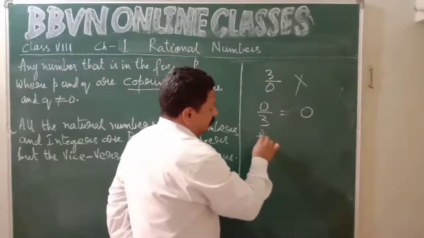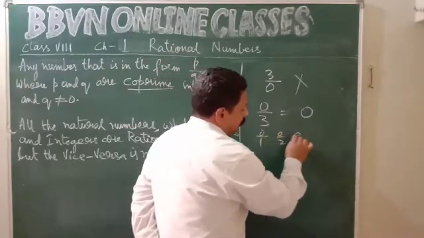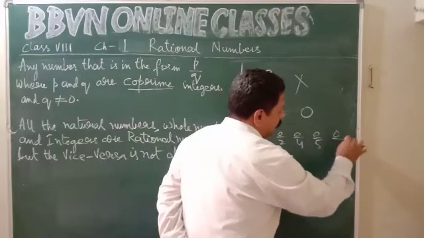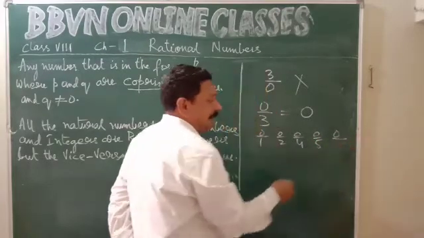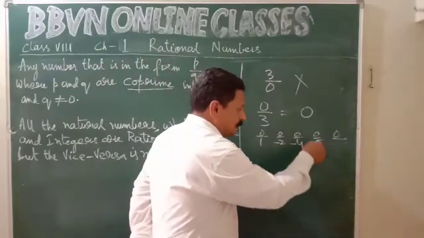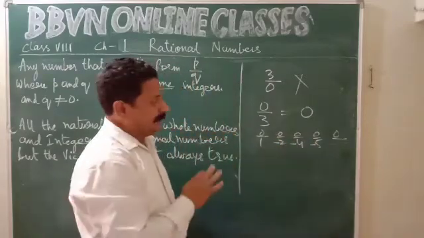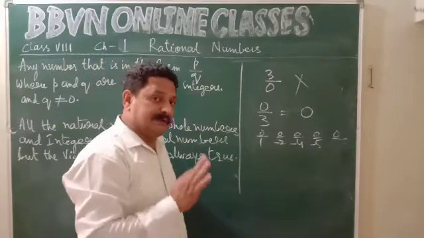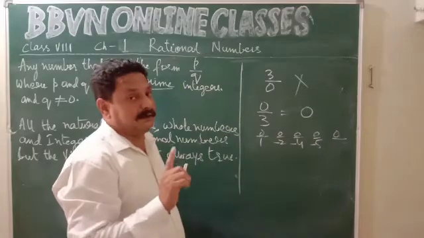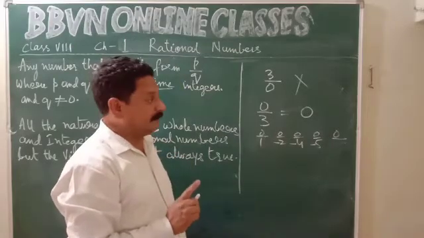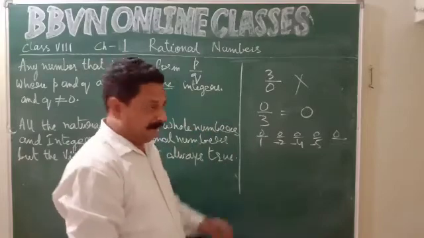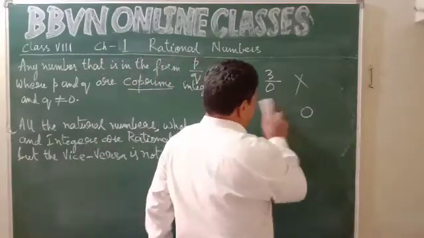Okay? So 0 upon 1 or 0 upon 2, 0 upon 3, 0 upon 4, 0 upon 5, any well-defined number. 0 upon minus 2, 0 upon minus 4, 0 upon minus 5, anything. It is 0. So 0 is also a rational number. P can be 0, but Q should never be 0. Understood? Q should never be 0. Denominator should never be equal to 0.